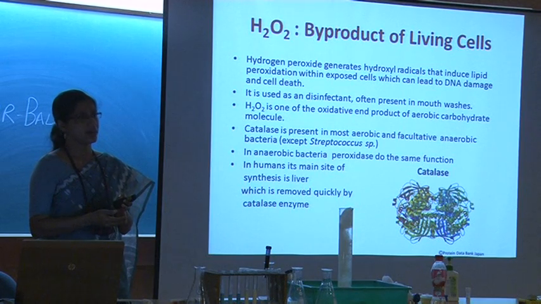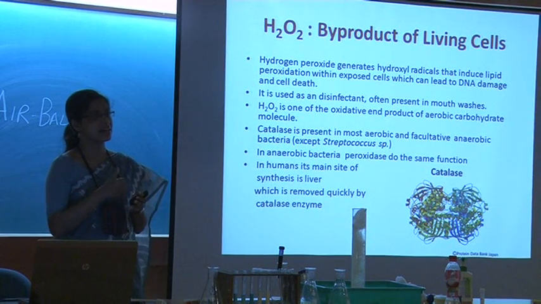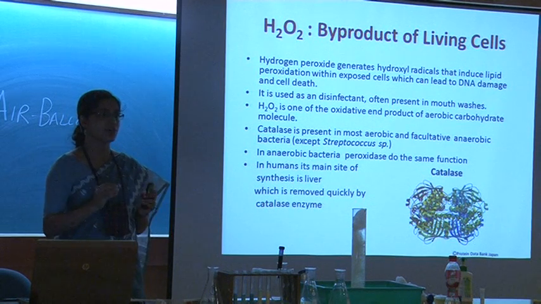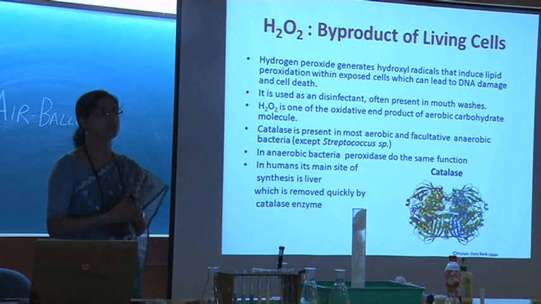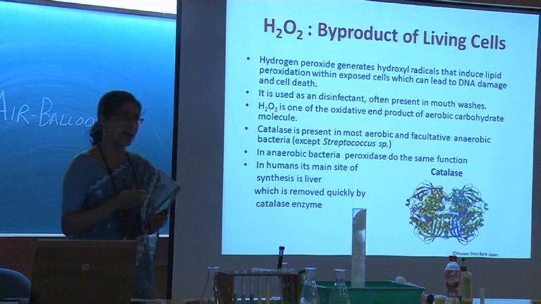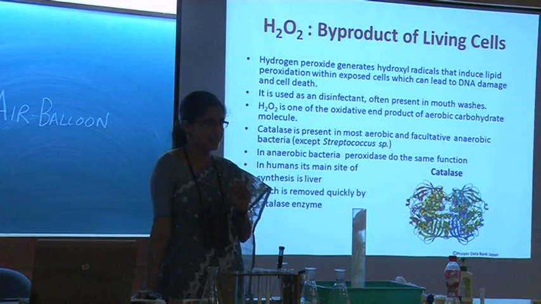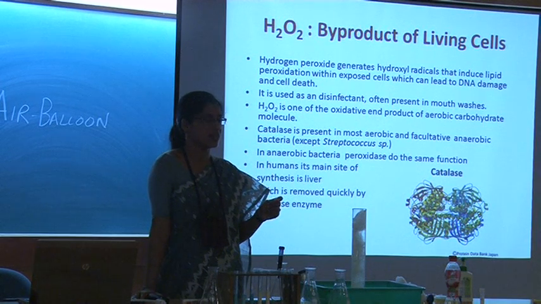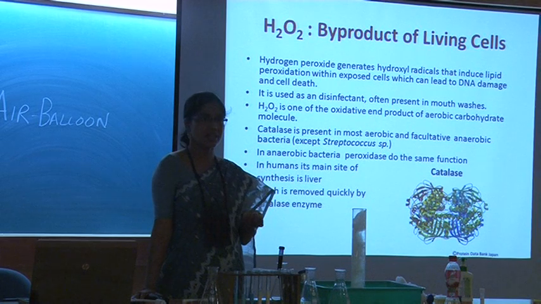Facultative aerobes also produce hydrogen peroxide, and even in our cells, that is in the liver, where the majority of detoxification processes take place, right? There a lot of hydrogen peroxide is generated, and hydrogen peroxide, mind you, is toxic, right? That is why we use it as a disinfectant. So hydrogen peroxide, when produced inside the cell, should be rapidly degraded.